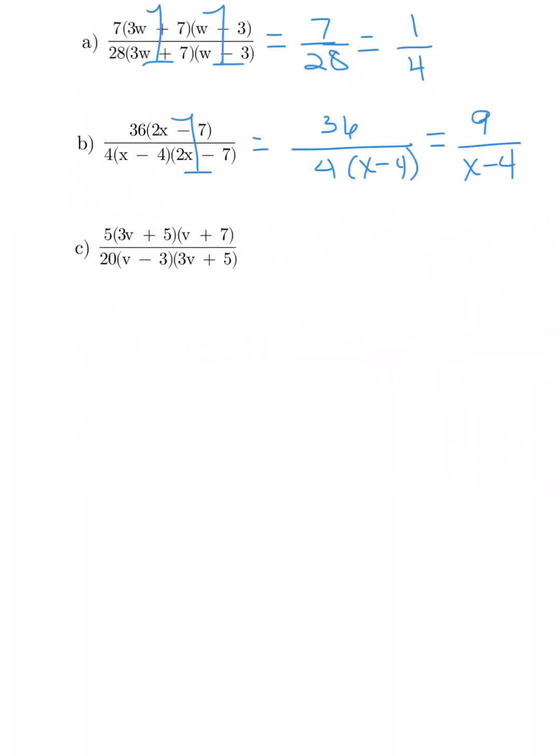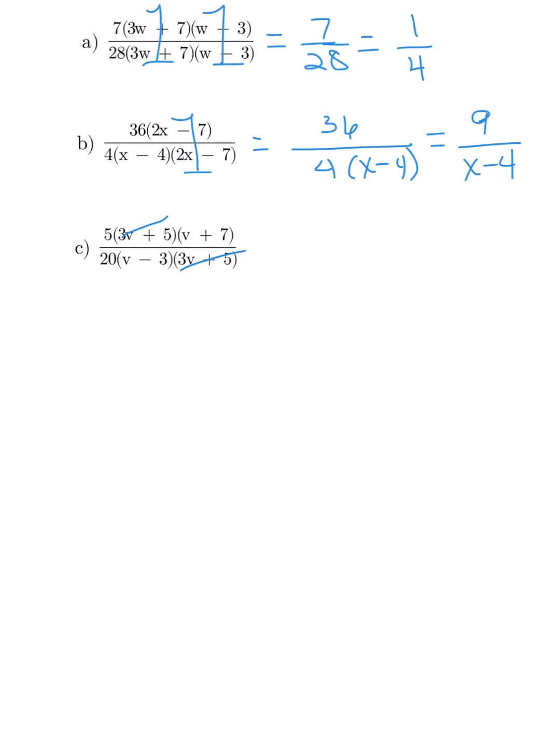What's different about this next expression that we need to simplify is that the like quantities are not exactly over each other. But that's okay, as long as you have one in the numerator and one in the denominator, and they are exactly the same, they still equal 1 if you put them over each other.